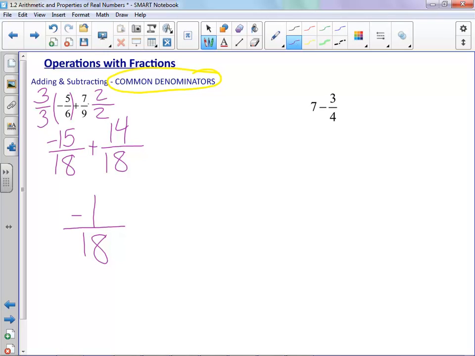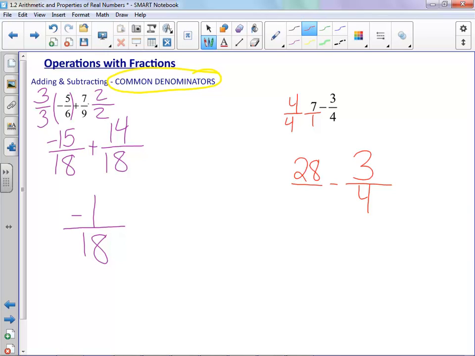On the right over here, notice this 7 is currently not written as a fraction, but we can change that by putting it over 1. Now our common denominator is just going to be 4. Notice the second fraction didn't change anything, so we can rewrite it. However, this one we had to multiply that denominator by 4, so we'll have to multiply the numerator as well.